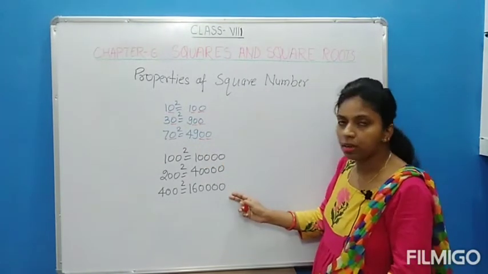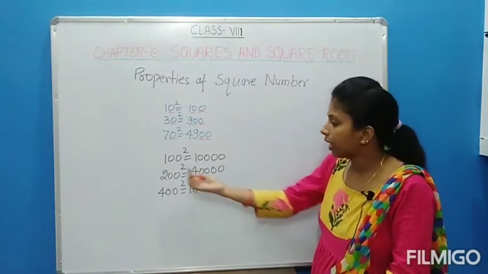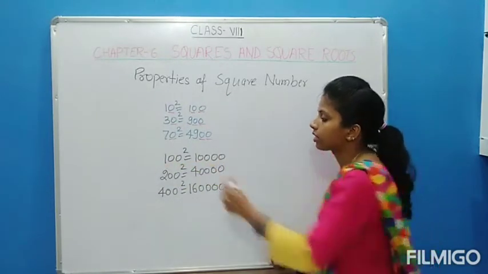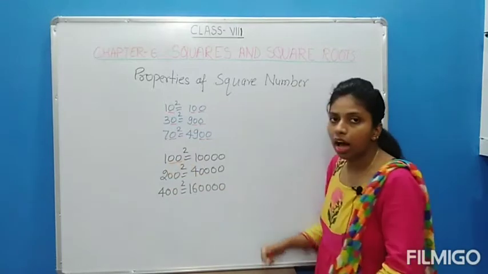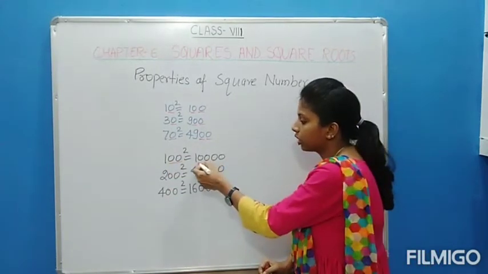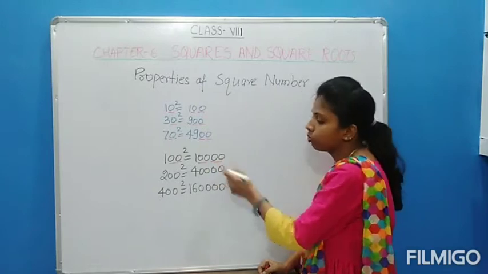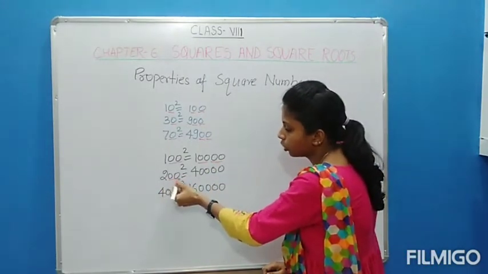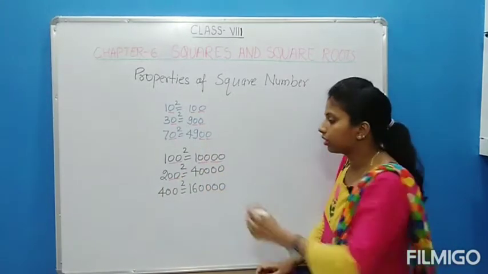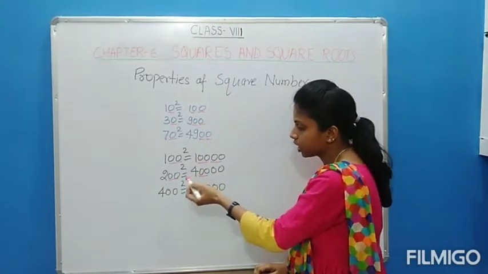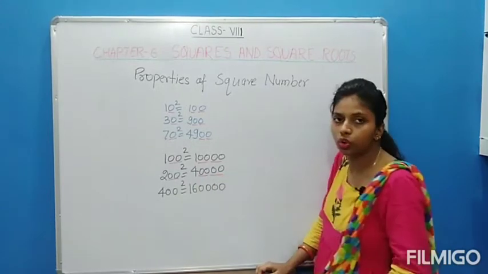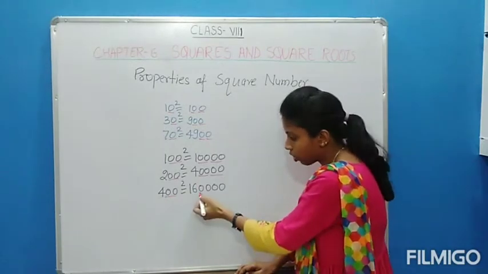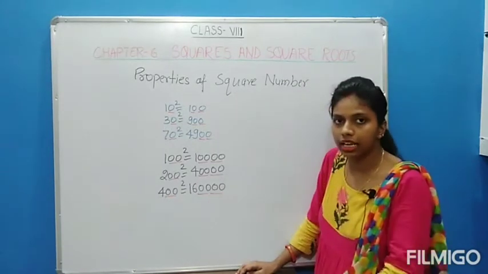We can take some more examples with 2 zeros. Here the number contains 2 zeros. So 100 square: we have 2 zeros, and after squaring the number of zeros becomes double of 2, means 4. Same way for 200 square, the number of zeros is 2, and after squaring it becomes double of 2, means 4. Same way for 400 square, the number of zeros is also double.